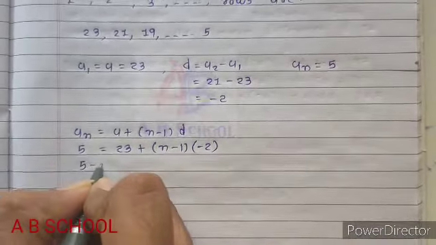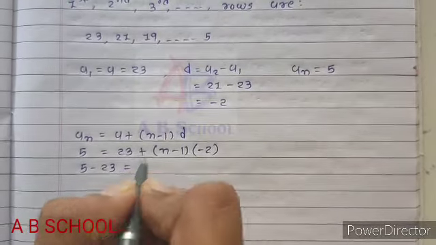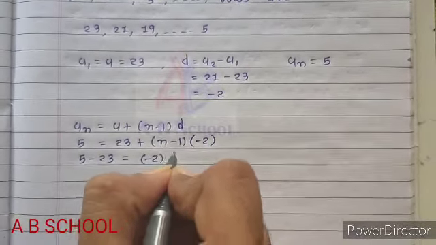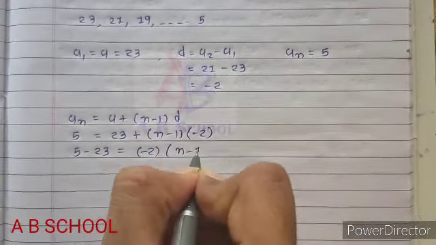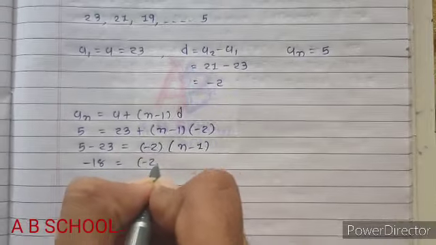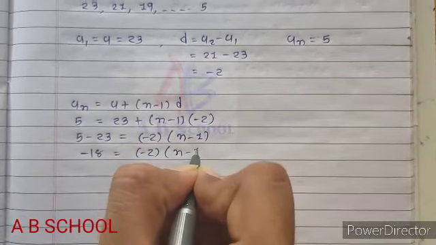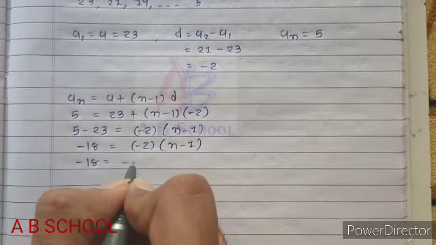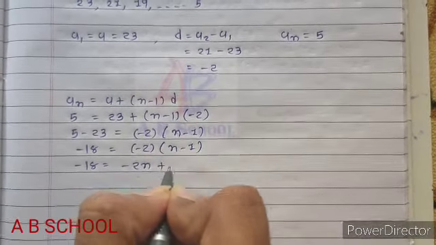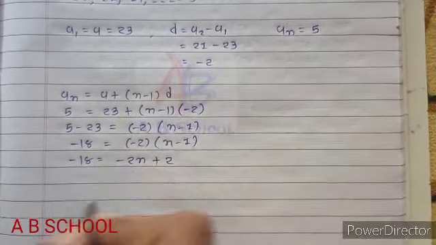So 5 minus 23 is equal to minus 2 in a bracket (n minus 1). 5 minus 23, minus 18, is equal to minus 2 (n minus 1). So minus 18 is equal to minus 2n plus 2.